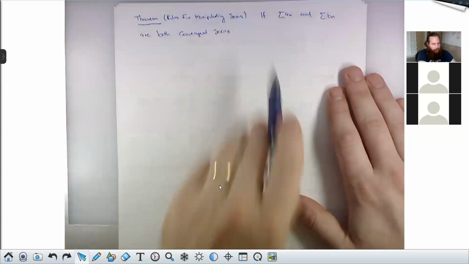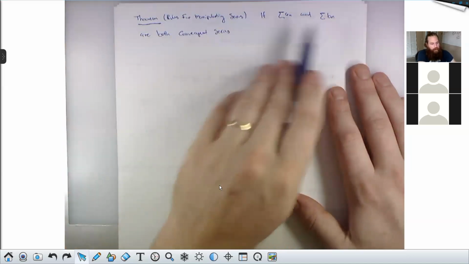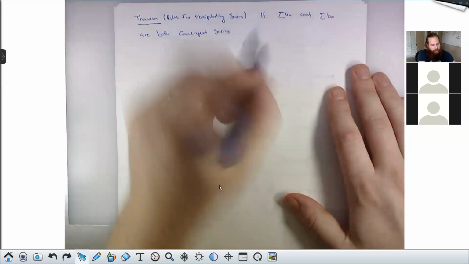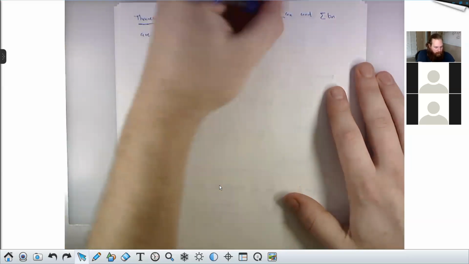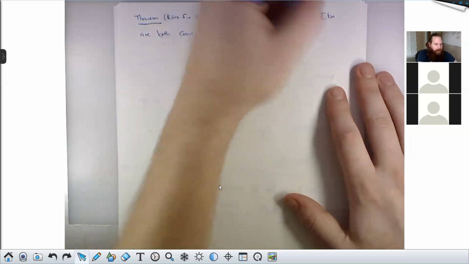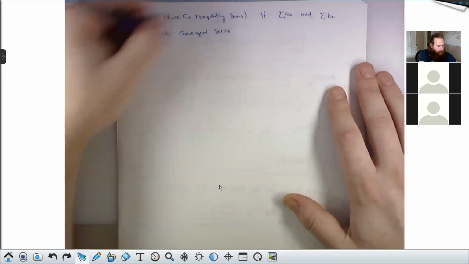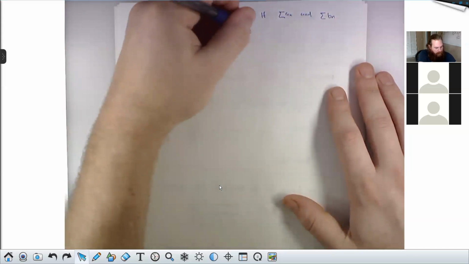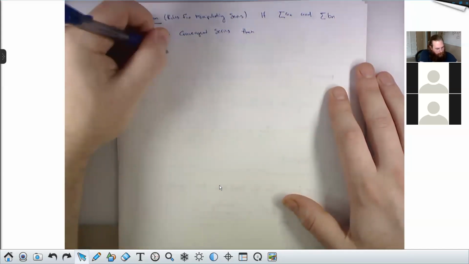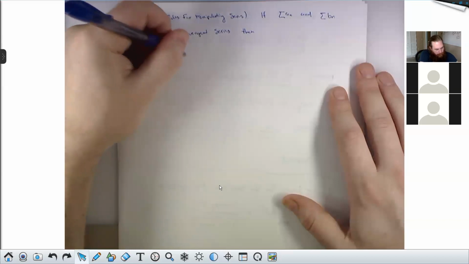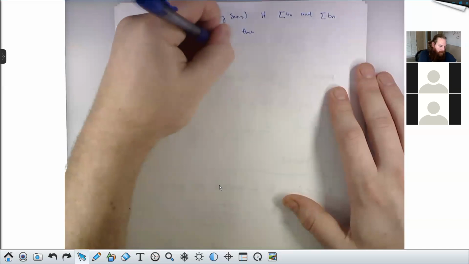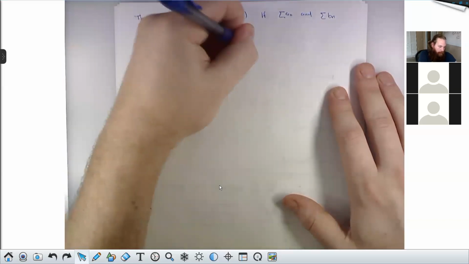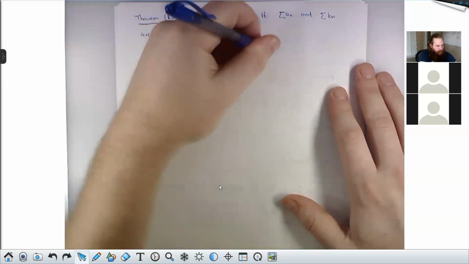and here I'm writing sigma an and sigma bn without any bounds, but it's always understood that it goes up to infinity. It doesn't matter where the series begin, but if they are both convergent, then sigma of an plus bn is equal to sigma an plus sigma bn.